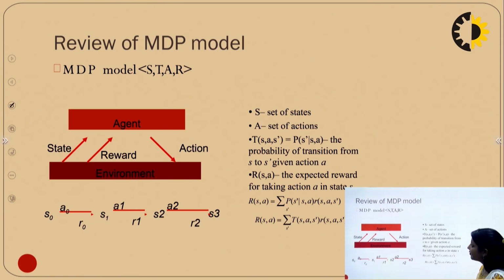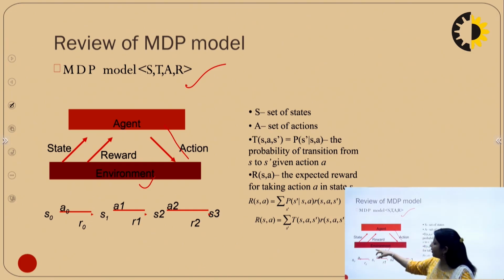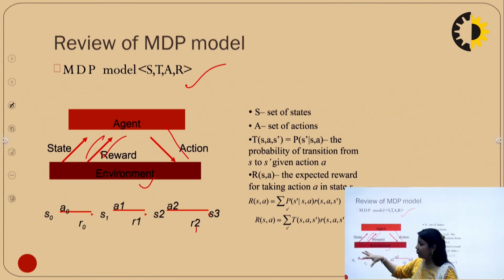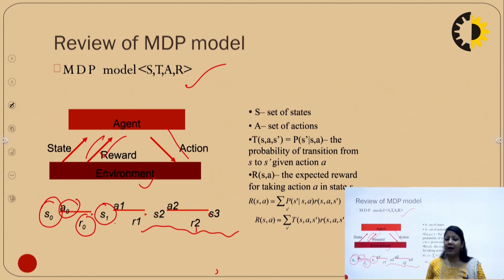MDP has a star as a parameter, and we have the environment. The agent will perform an action, and the state and reward will be the output here. This is the structure: we have state S0, perform an action and get the reward, then state S1, then action A1. So this is the cycle, and at the final stage we sum up all the rewards and get the maximum value.